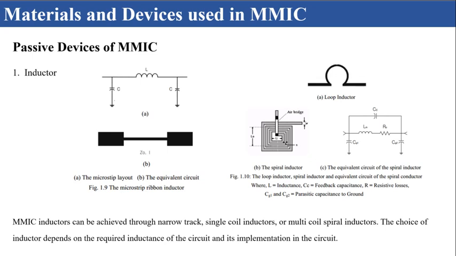MMIC inductors can be achieved through narrow track, single coil inductors or multi-coil spiral inductors. The choice of inductor depends on the required inductance of the circuit and its implementation in the circuit.